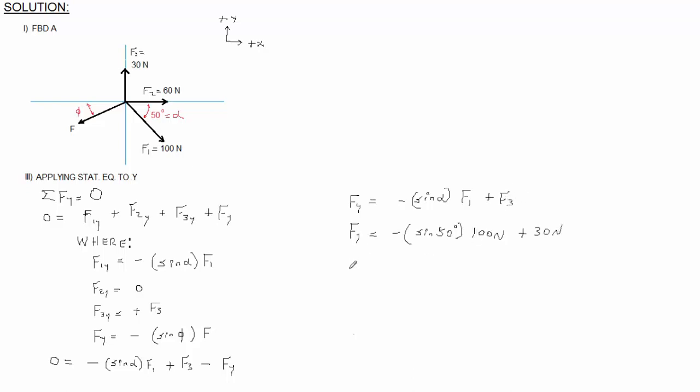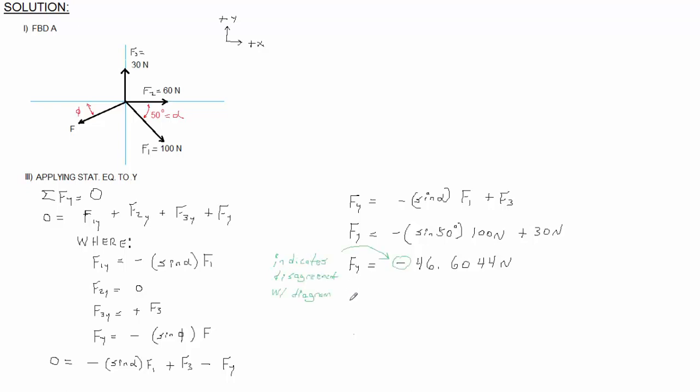And once we plug our values in, we find that Fy equals a negative 46.6044 newtons. Remember that this negative sign does not actually tell us direction, but it indicates disagreement with the diagram.